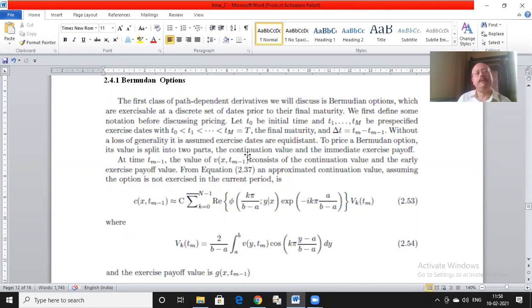So at time T M minus 1, somewhere in between 0 and capital M, the value, let us call it V of x at T M minus 1, where x is my log stock price, consists of, again, the continuation value and the early exercise payoff. Early exercise means immediate exercise at T M minus 1.